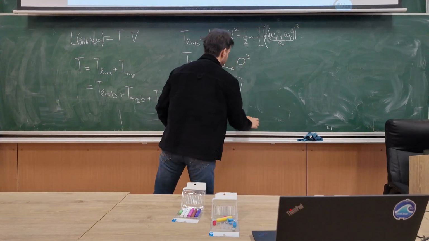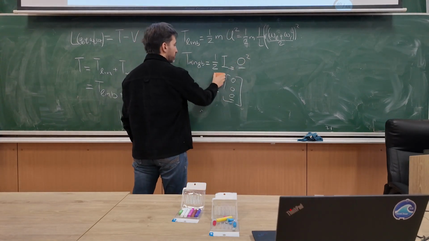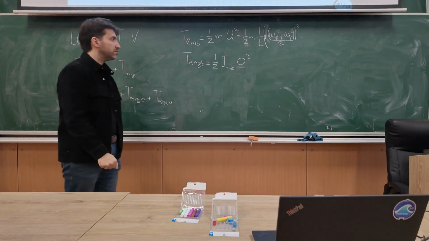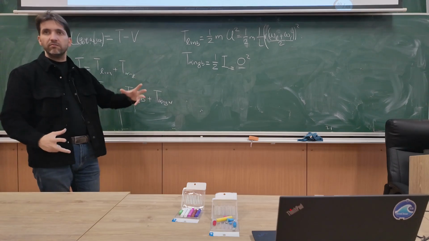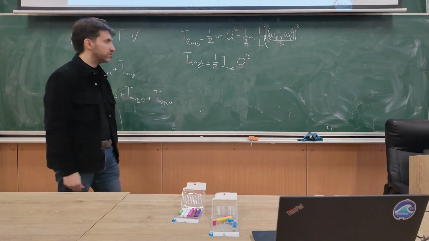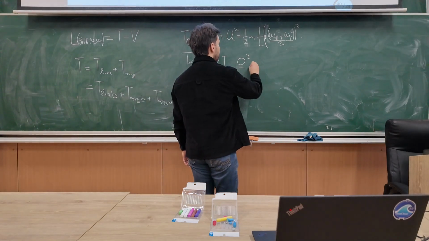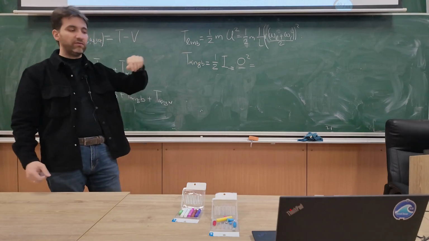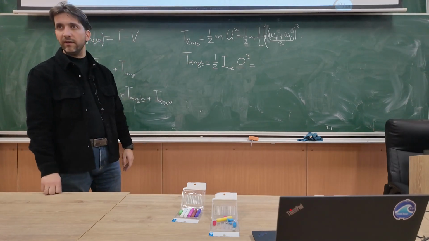So since we are familiar with this, I'm skipping this and I'm writing it as a scalar, not as vectors and matrices. So it will be this inertia for the rotation around z times the angular velocity squared, right? Which again I can write as a function of wheel velocities. Okay?